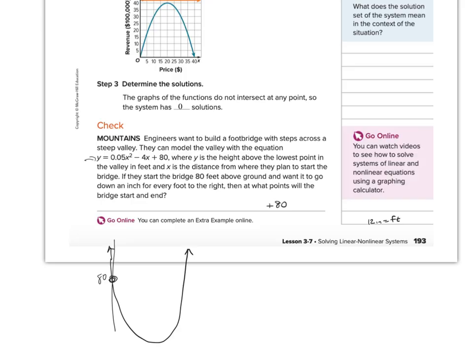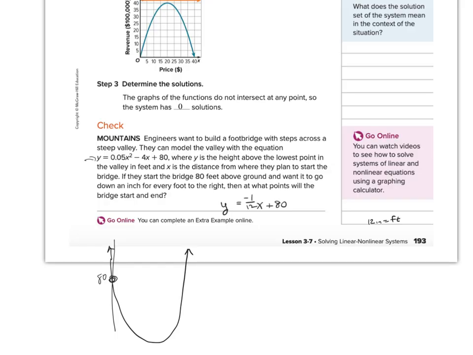I'm going to go down 1 inch for every foot to the right, which would be 12 inches. I needed to turn that foot into inches because I don't want to have inches and feet. So that is one of my equations.